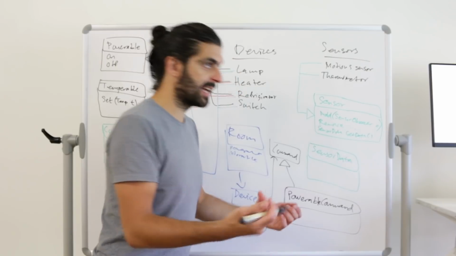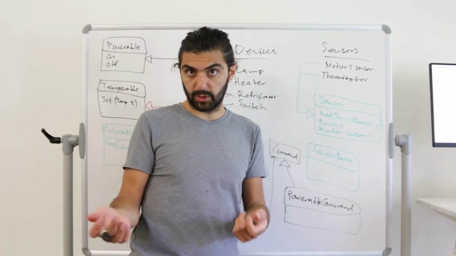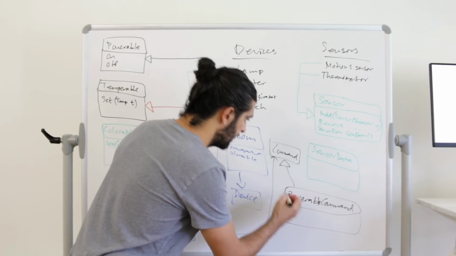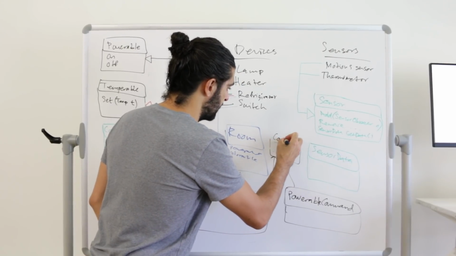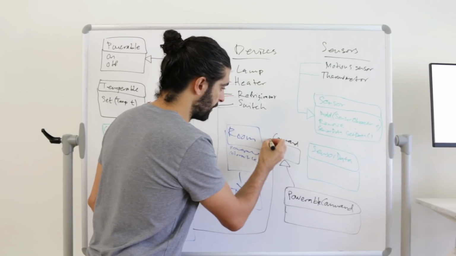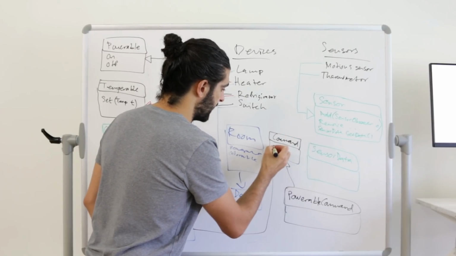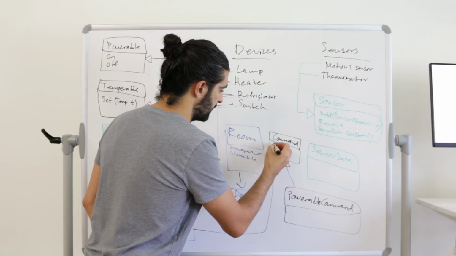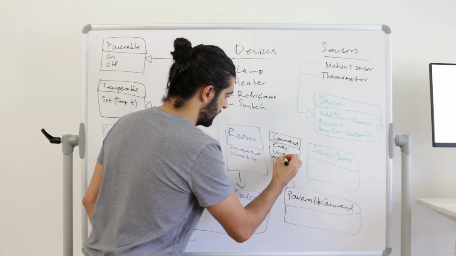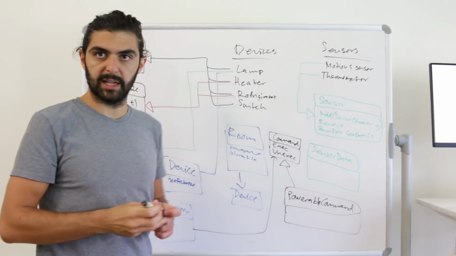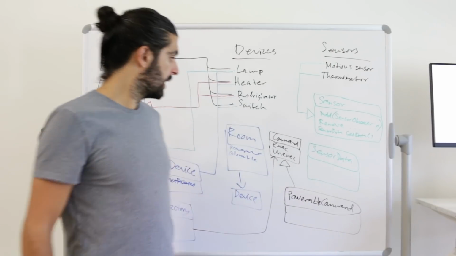And then a command has this execute and unexecute structure, which should be part of the interface. So let's say this is command according to the command pattern, and then you have execute and unexecute, like do and undo.